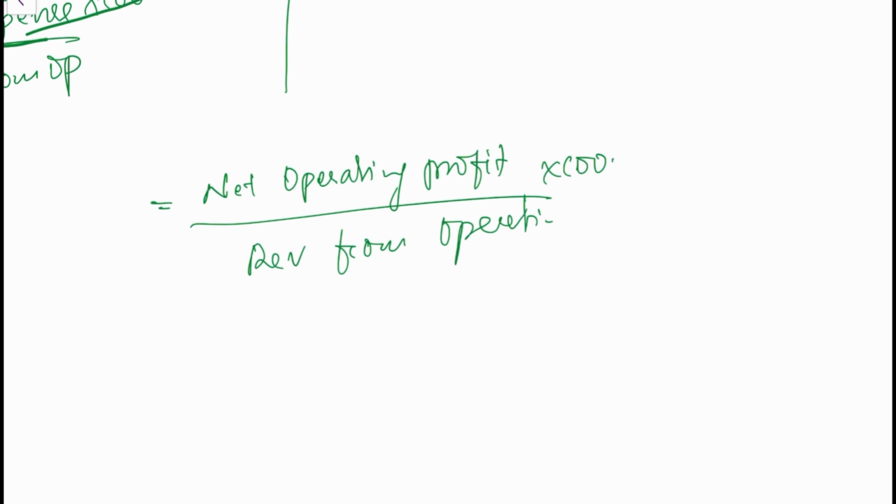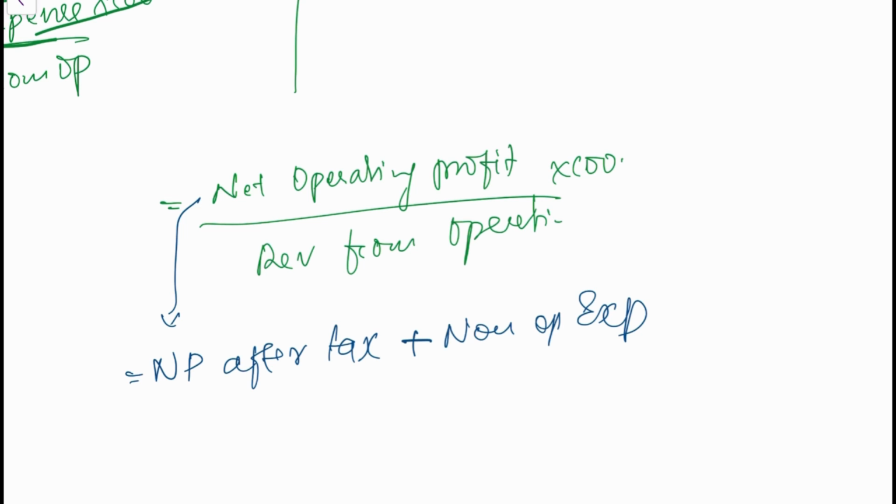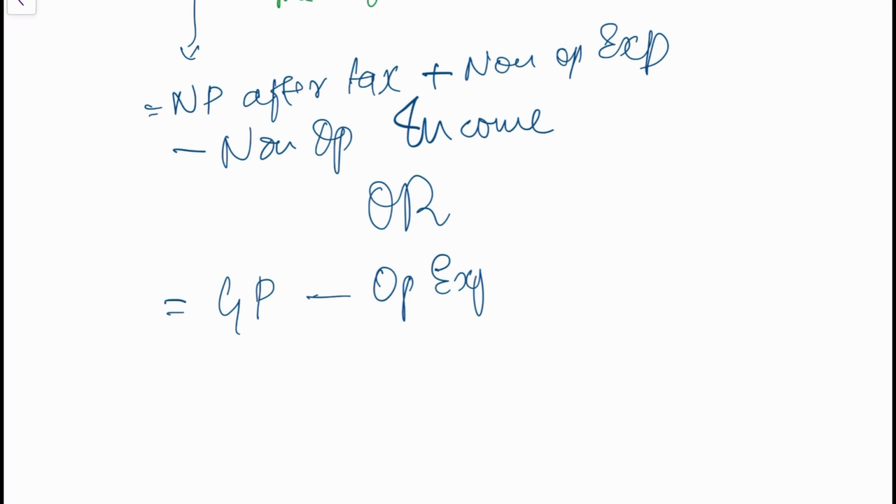So how to calculate this net operating profit? It is equal to net profit after tax plus non-operating expense minus non-operating income, or another formula is there, that is gross profit minus operating expense plus operating income minus tax.